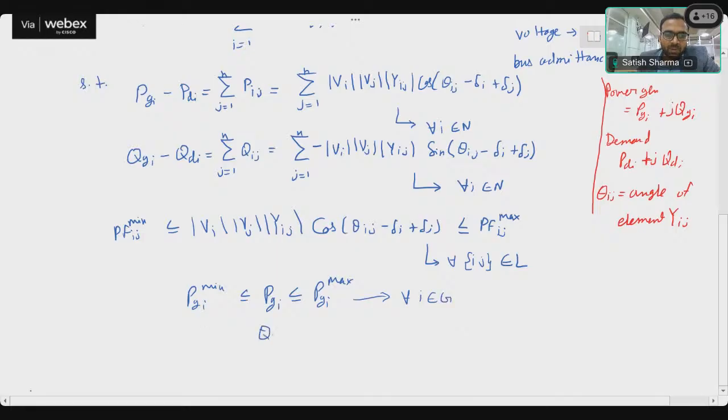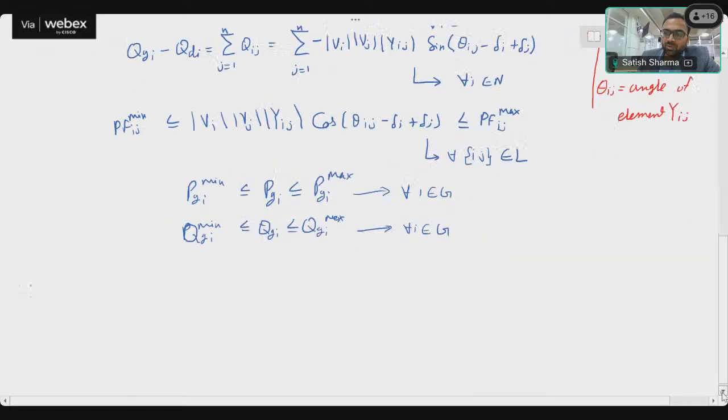Now we have reactive power as well, so I will write down the same equation for reactive power as well. So it is QGi min up to QGi max, and this has to be written down for all i in the set of generators.